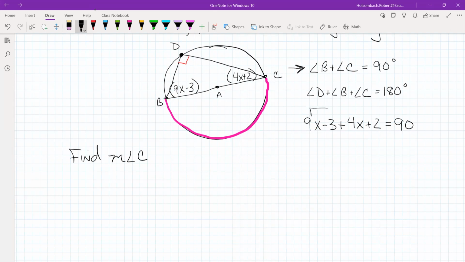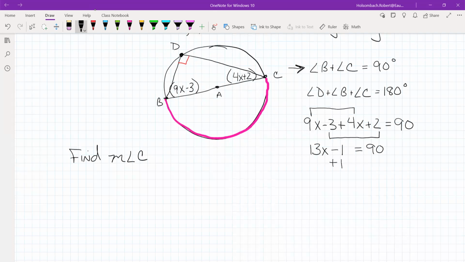Then we're going to combine our like terms. So a 9x plus a 4x, we get 13x. Negative 3 plus 2 is negative 1. And it's still equal to 90.